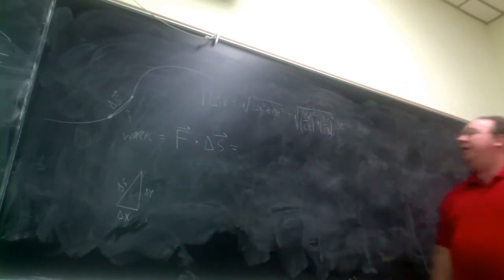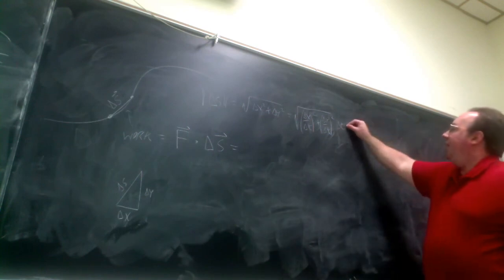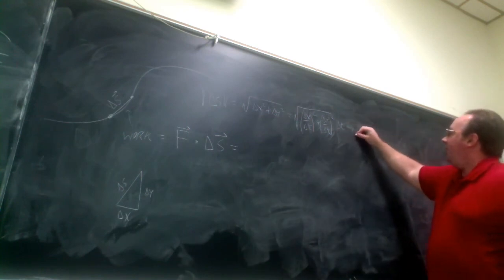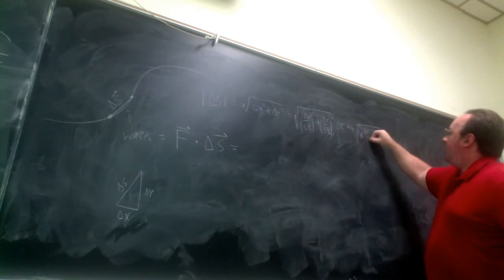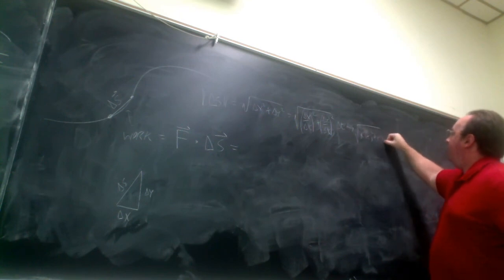Okay. And that leads to, as delta t goes to 0, the square root of x prime of t squared plus y prime of t squared.